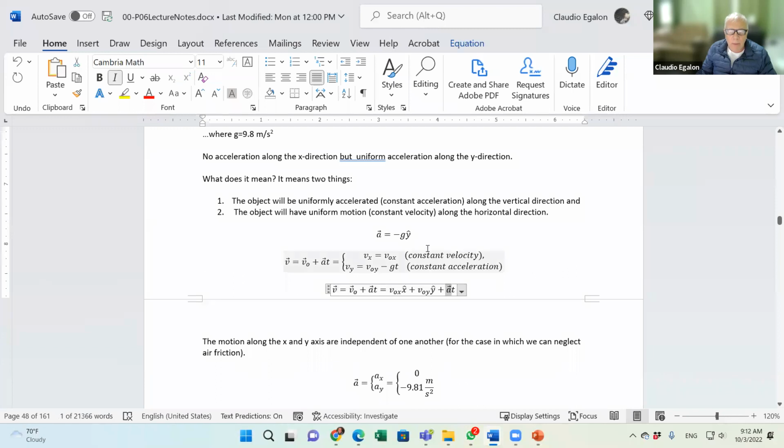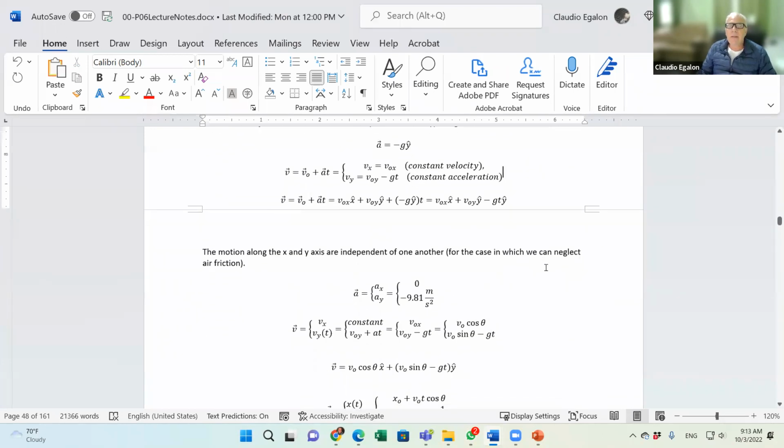We already have it written there. I put the acceleration vector right in here, and get the x and y components together.